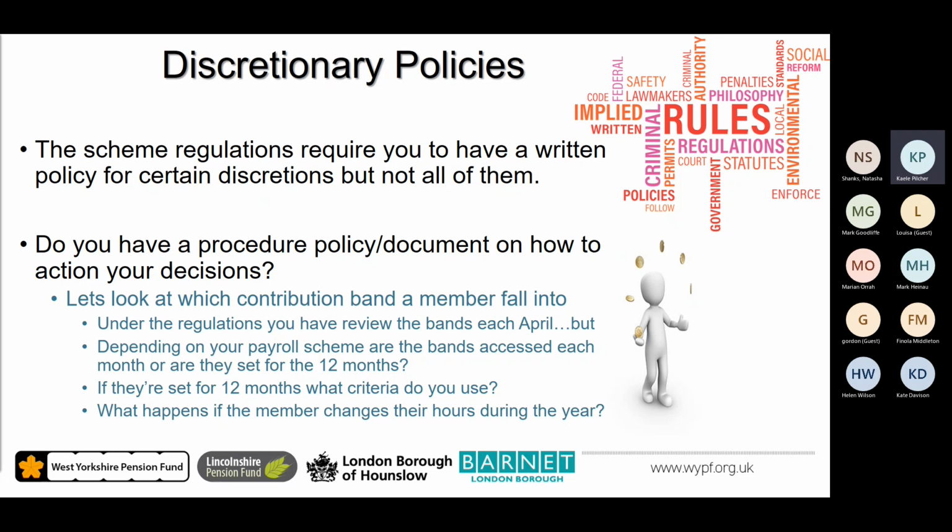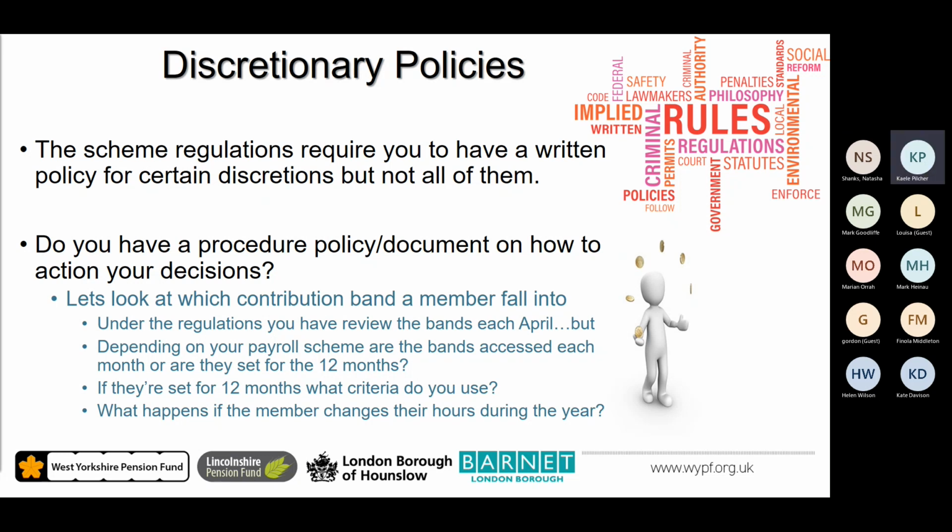So what I would suggest is, with the discretions that you don't have to have a written policy for, but you use on a regular basis, it might be a good idea to have a procedure policy or document that is just for your use on how you are going to action certain decisions.